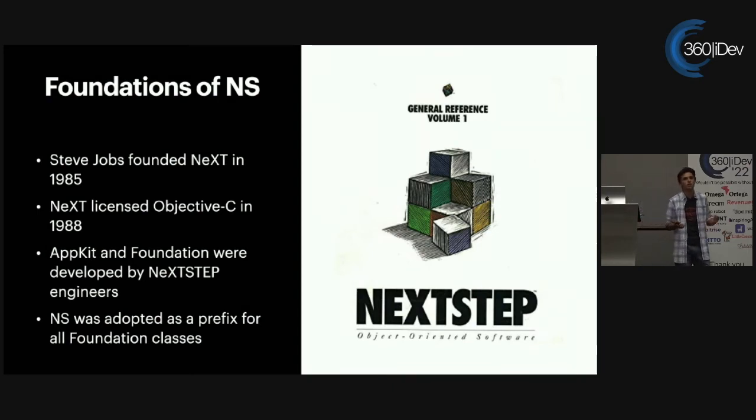So at one point, when Steve Jobs leaves, he decides, I want Objective-C, so I'm taking the baby with me, and he brings Objective-C. This is where you get AppKit and Foundation being developed by NeXTSTEP engineers instead of by their own original teams. And the NeXTSTEP engineers, being very self-centered themselves, decide, well, we can't write code unless it has our name on it, so we're going to throw NS in front of everything and be selfish, because awesome.